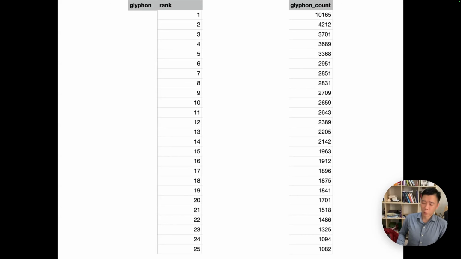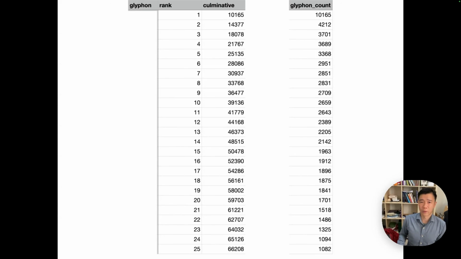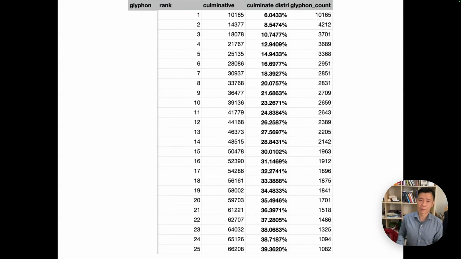If we know the frequencies, then we can ask what is the cumulative frequency, from which we can write down some kind of a CDF. There is a list of the glyphons.